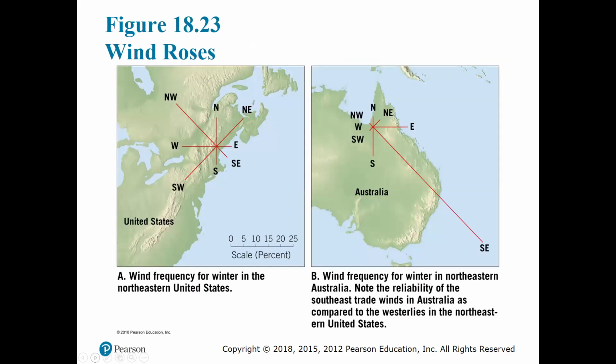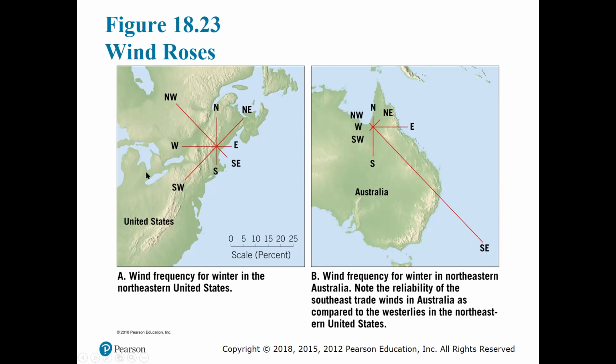So here is a wind rose, and these show the percentages of the time that the winds come from the various directions. In this example, in the northeastern United States, the longest one is the northwest. But over in Australia, the longest one is from the southeast, and that's a result of those southeast trade winds.